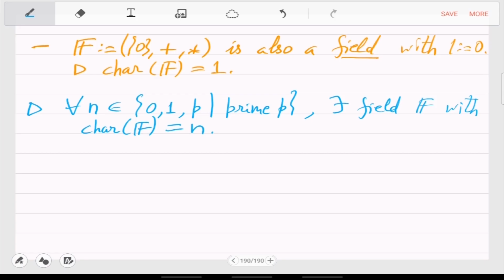Namely for 0 you have rationals, for 1 you have just the 0 field, for prime p you have z/p, and we have also shown the converse, that for every field these are the only options for the characteristic.